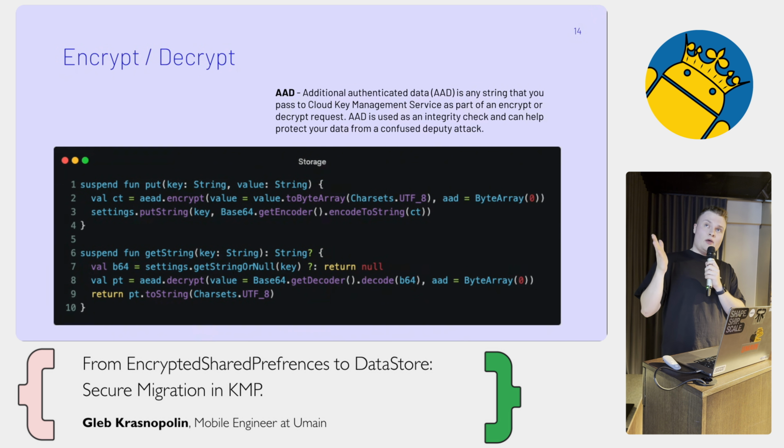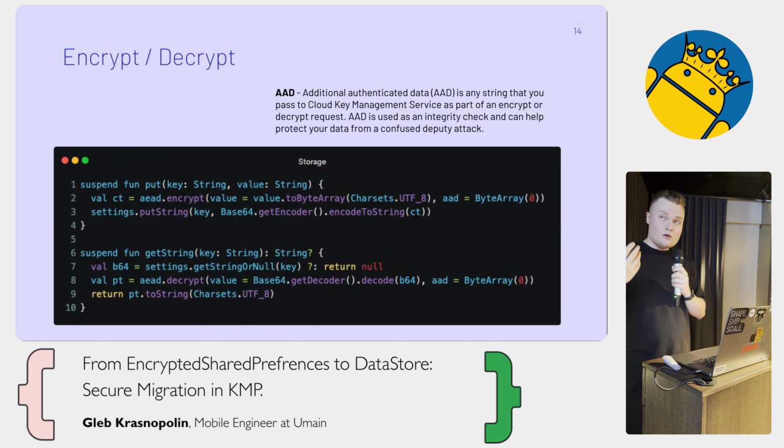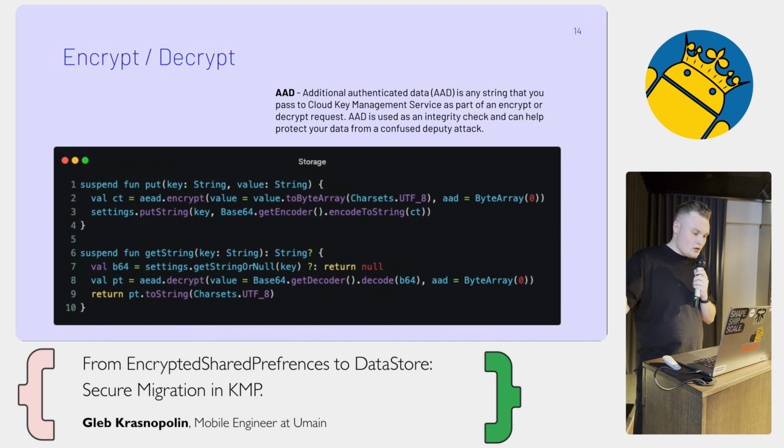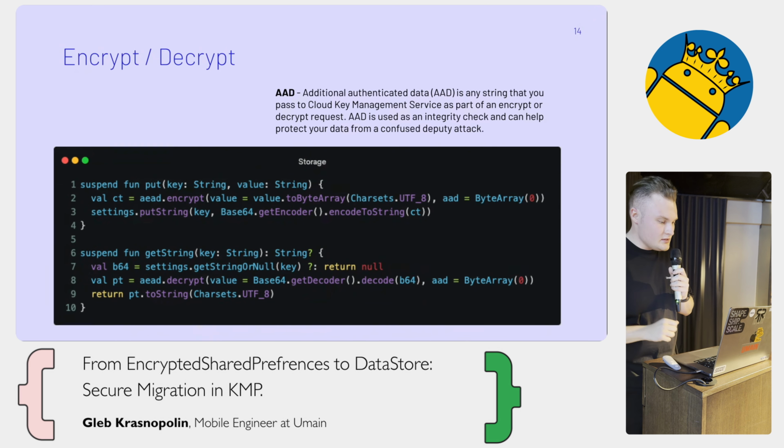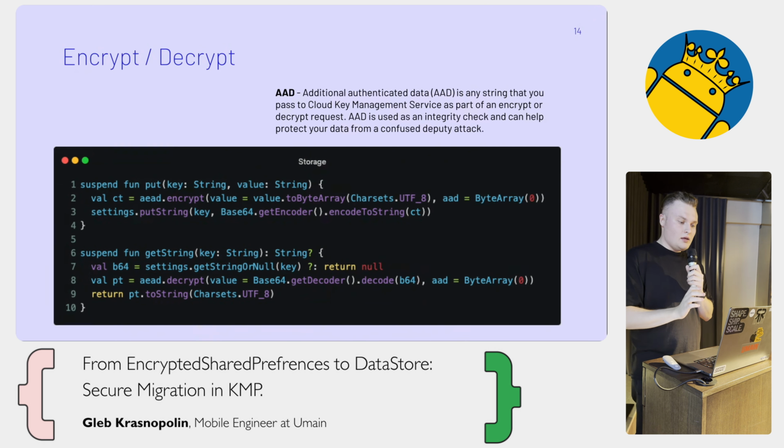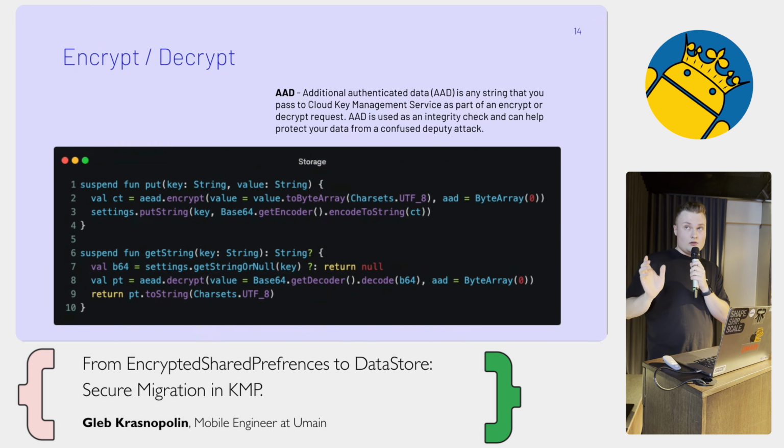So obviously, two main methods of DataStore is put and get. And we're going to go through them and see how we decrypt data here. And first of all, put. You use the object that we just created and passed, and use the encrypt function, and you pass the value, and you pass something that is called AAD, which I already mentioned. AAD is additional authenticated data.